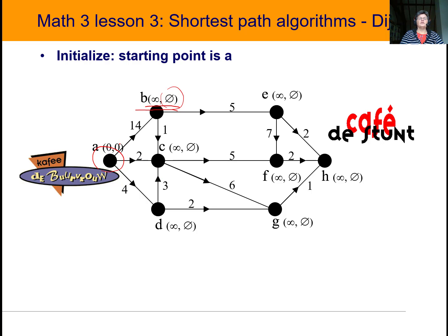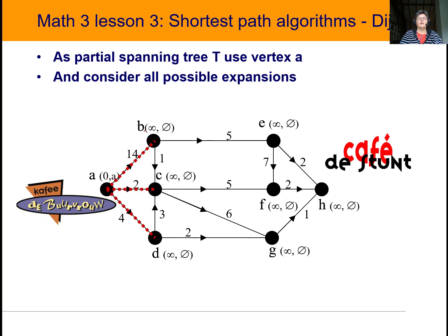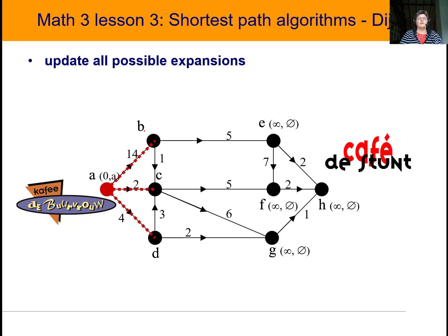Okay, so we are starting in A, and then we have 3 options. We can go to B, to C, or to D. If we go to B, that'll cost us 14. So we change B into 14, that's the length so far, and we come from A. But C is much cheaper.